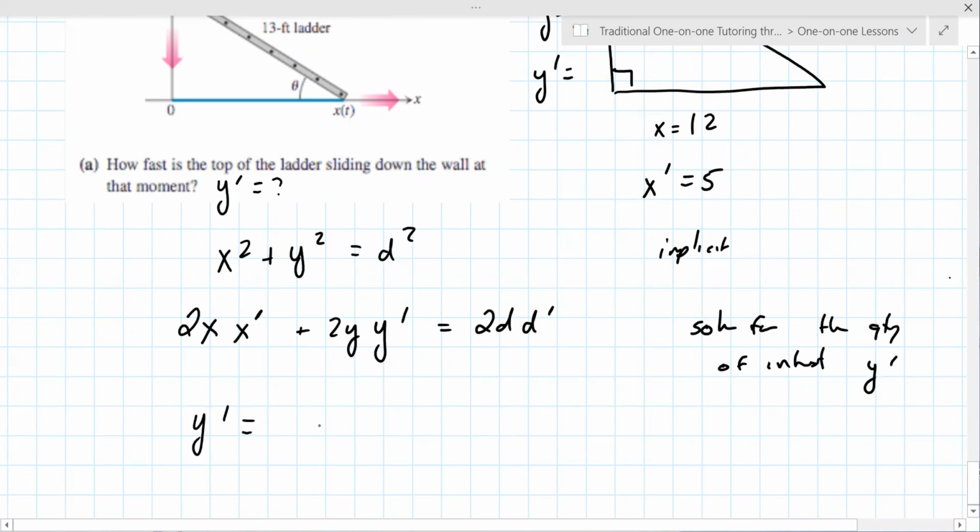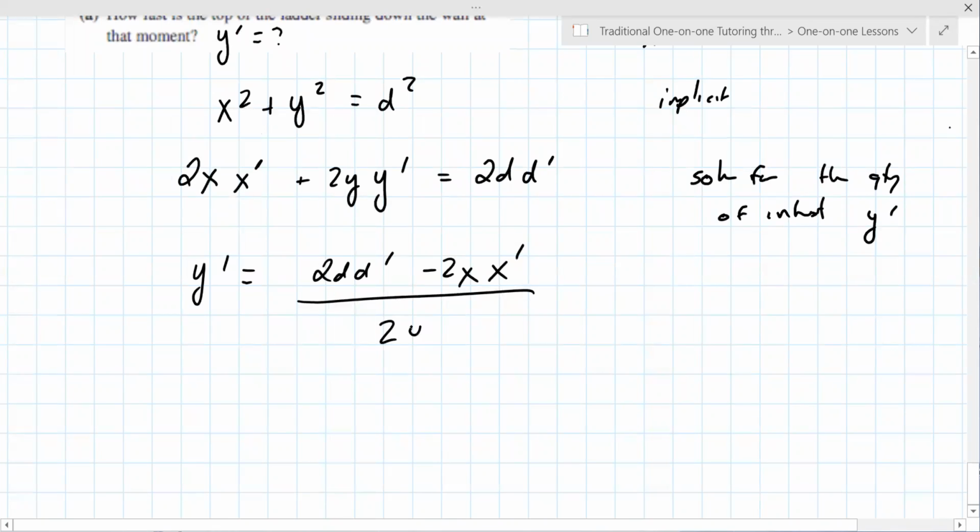So y prime equals 2d d prime minus 2x x prime over 2y. And then you can cancel out the 2's if you want. Sometimes on an exam, they ask you for the equation and then to actually get the value. So you just substitute what you know.